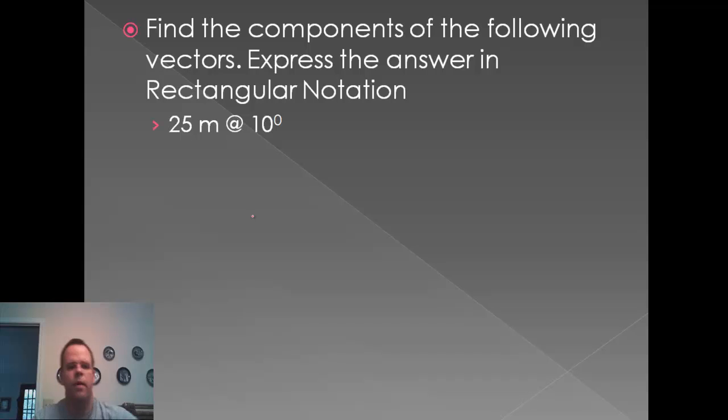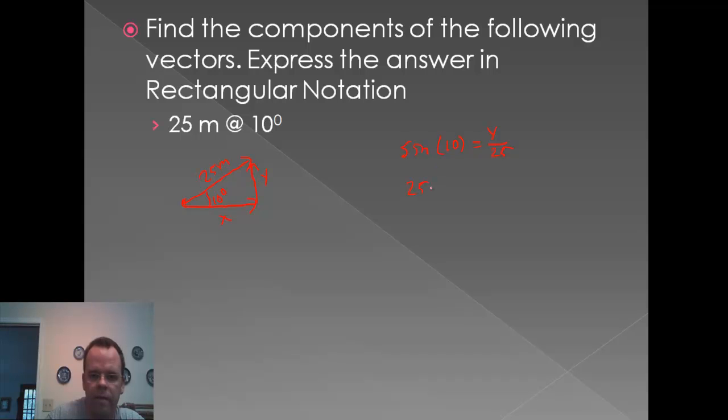In this second example, we have 25 meters at 10 degrees. This one's a little bit more straightforward because we know our angle is right here. We're going to make our x and our y. It's 25 meters long. So in this case, the sine of 10 will equal y over 25.